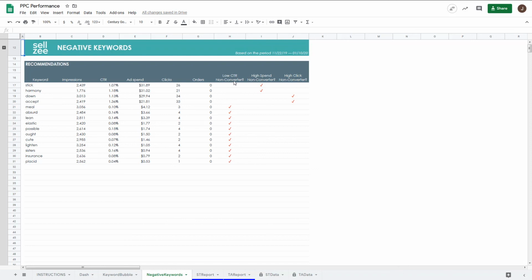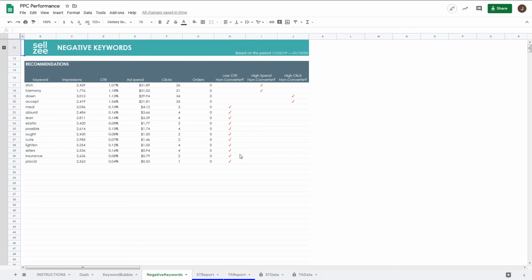You've got low CTR non-converters, you've got high spend non-converters, and you've got high click non-converters. So in this case, about 15 or so keywords fall into one of those 3 problem categories and match the current thresholds.